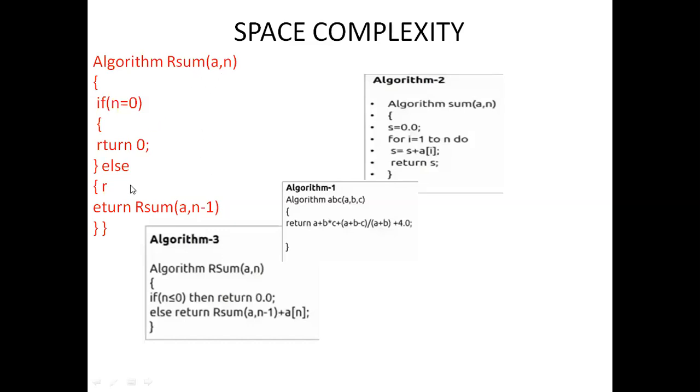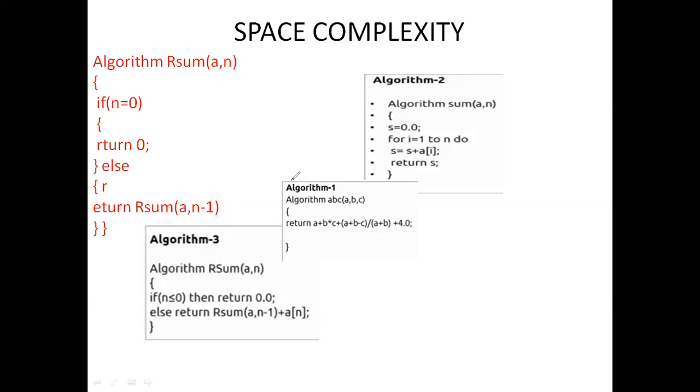So here two fixed values are there. In this example, a is a fixed variable, n is a fixed variable, and return is a fixed variable.